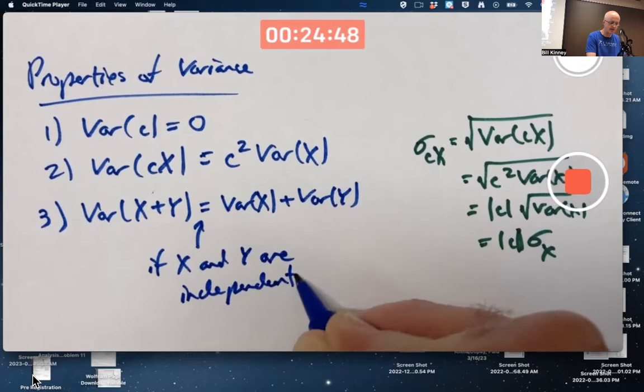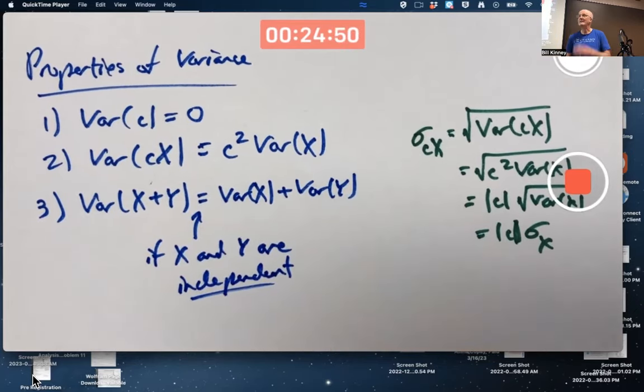What are independent random variables? We haven't said. In Chapter 2, we talked about independent events. A and B were independent events if the conditional probability of A given B is the same as the ordinary probability of A. Remember that?